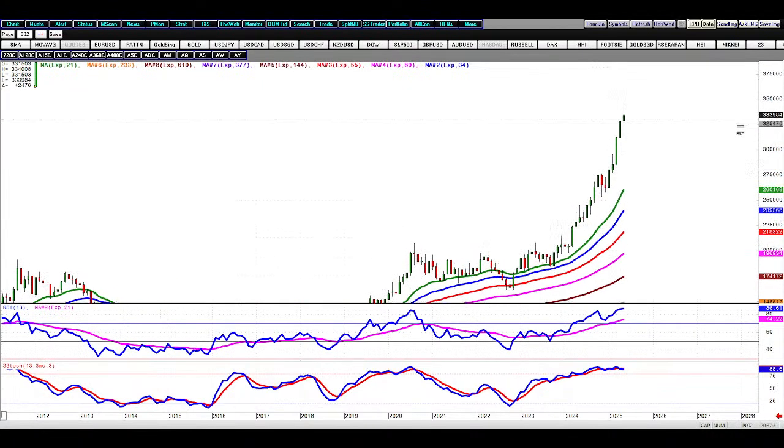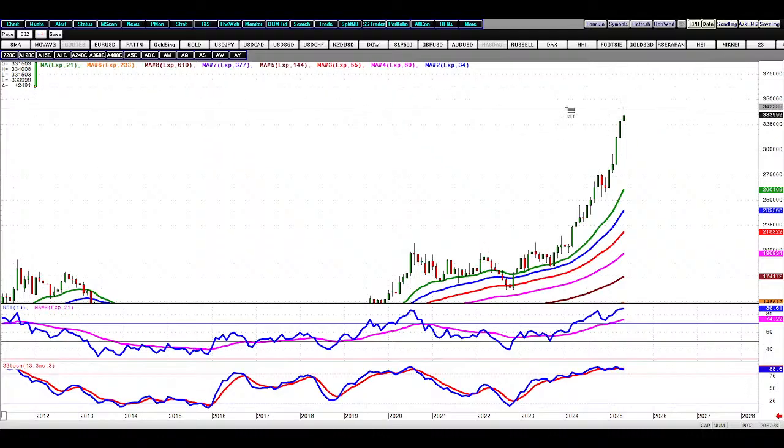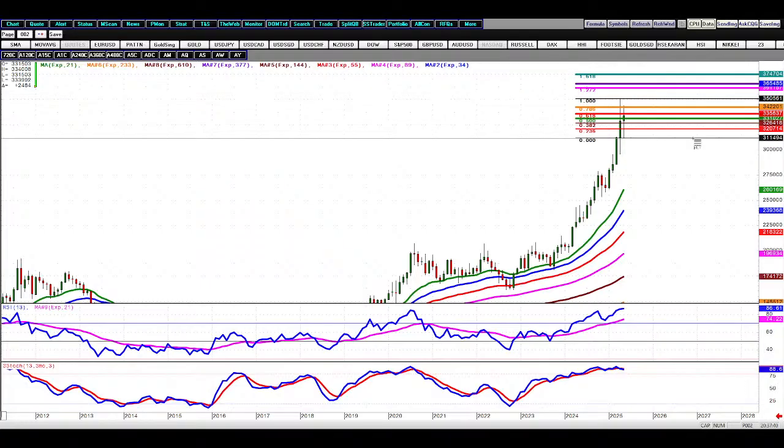If you look into the monthly, I think the current monthly high is 39. So we should be seeing or testing that level somewhere there before this market comes down again.